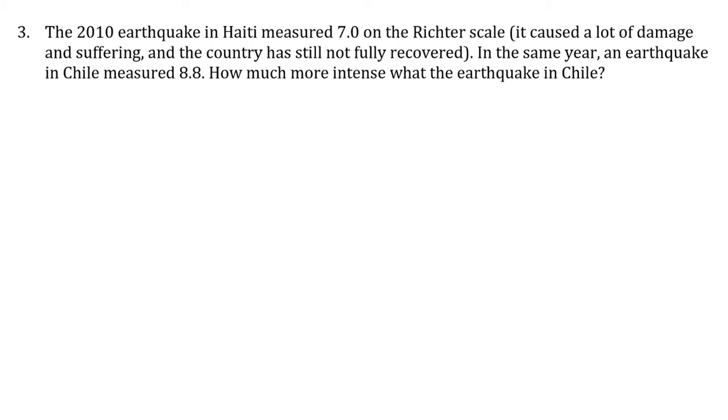Anyway, here's how we do these questions. We'll start with Haiti. And so 7.0 is actually 10 to the 7.0. And Chile is 10 to the 8.8. Then we compare, and you always put the bigger one on top.